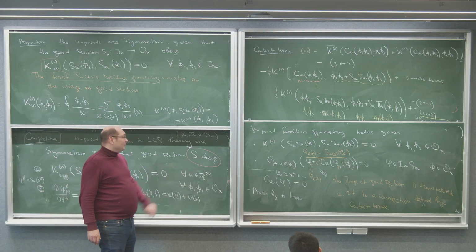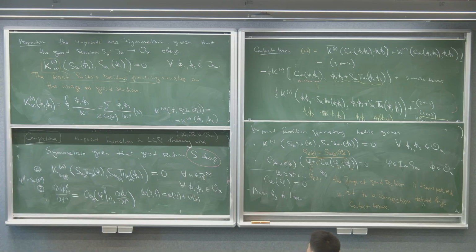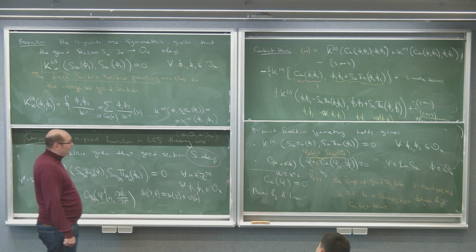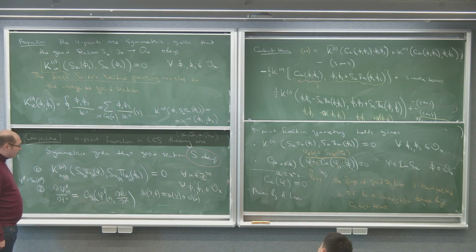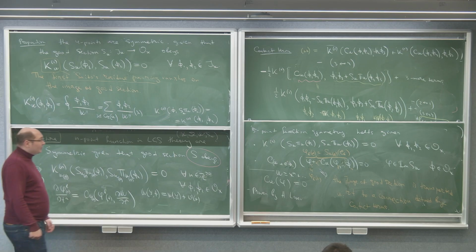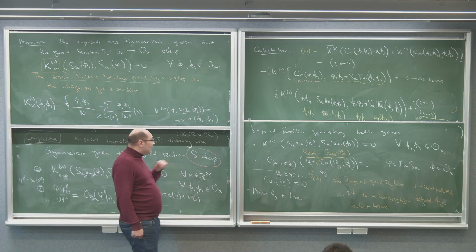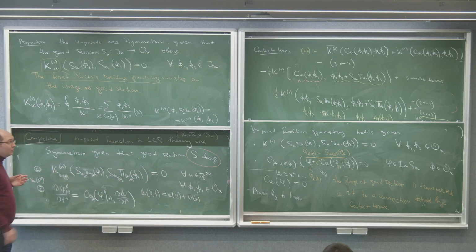But to really get a mirror map for all Gromov-Witten invariants, we need to define a good section, which in a general Landau-Ginzburg-Saito theory should obey these two properties. We will see that the mirror construction naturally contains such a section, and we will verify that it obeys these two properties.